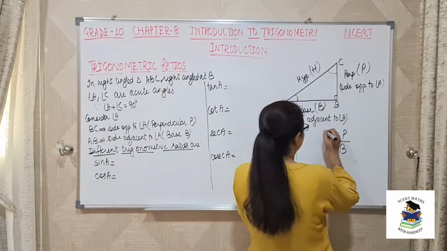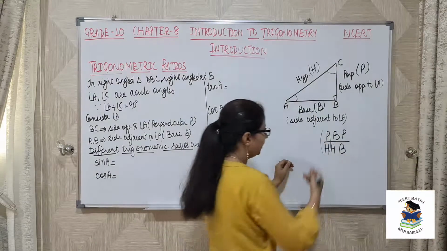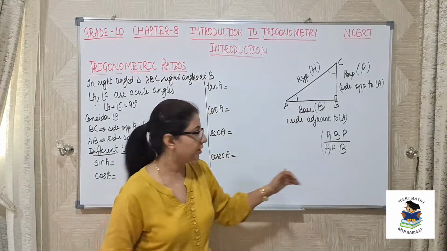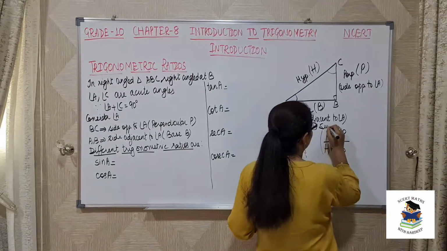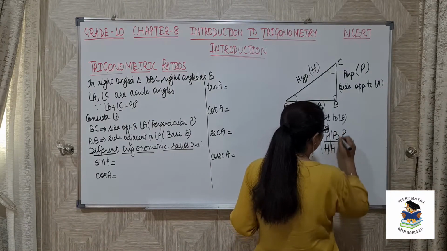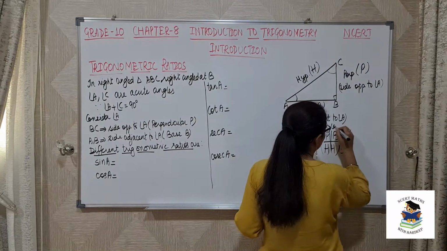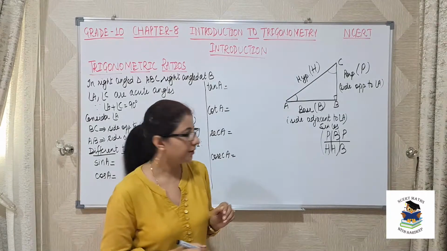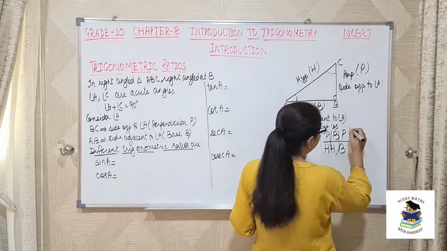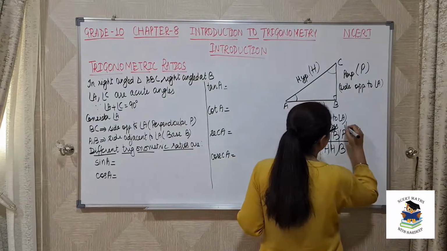Then the first ratio, P over H, will be sine. B over H will be cos or cosine. Next is P over B, so this will be tangent.